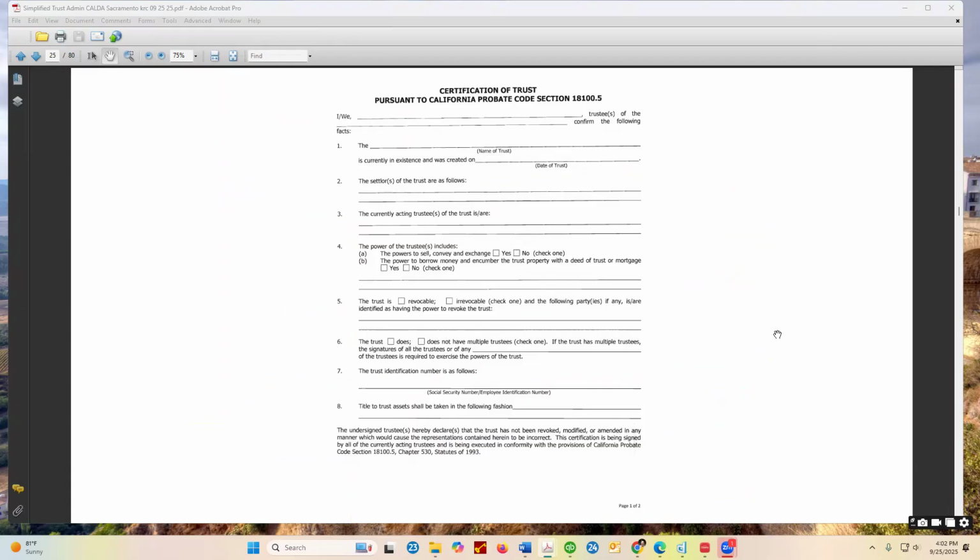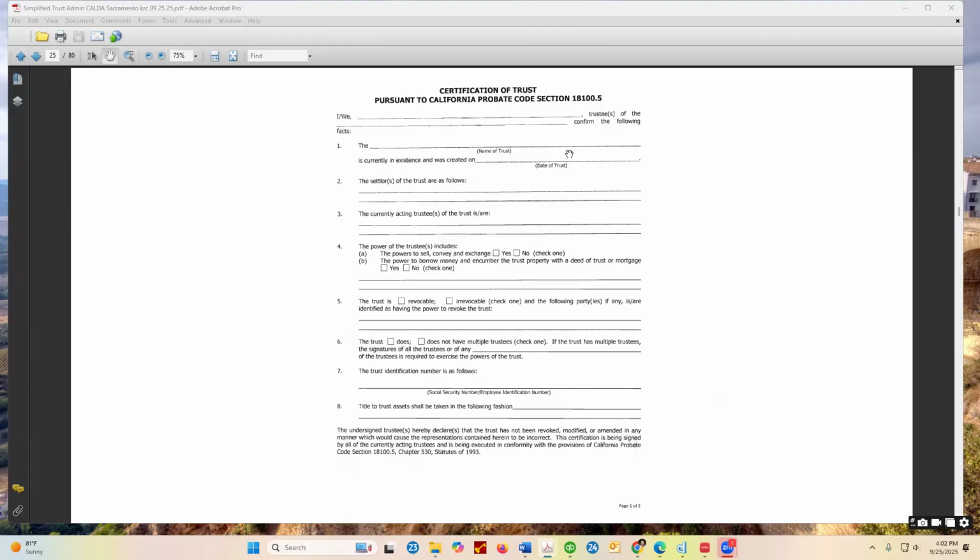Okay. This is an example of a certification of trust. And this, as I mentioned, is basically a summary or a synopsis. And this form gives you kind of a format.